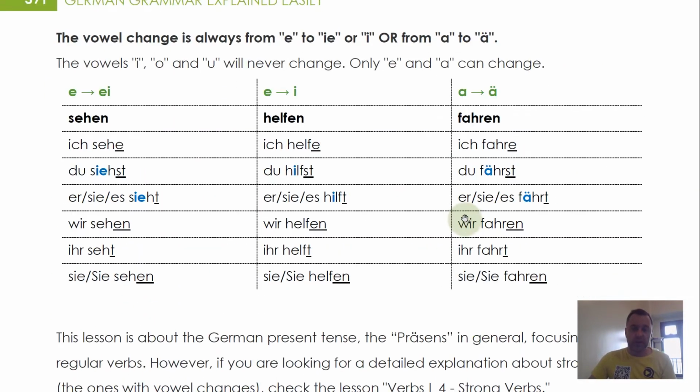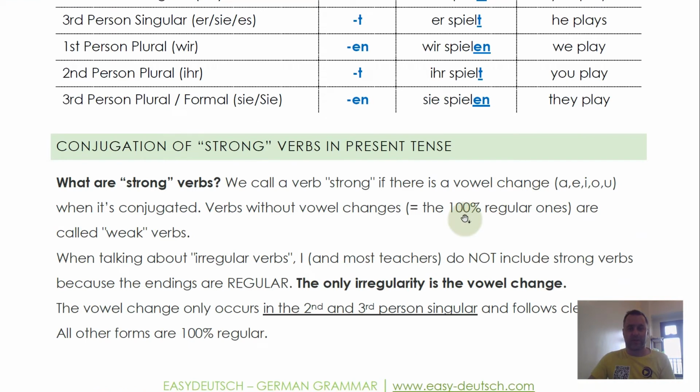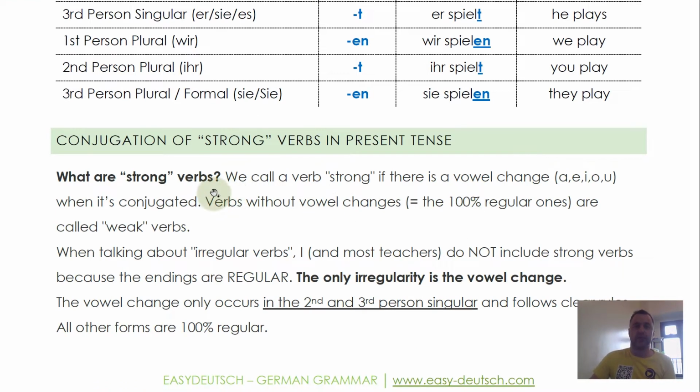But of course there are some irregular ones. And the irregular ones, well, we have 2 types. One type is called strong verbs and the other type is actually really irregular. They don't follow any rule. The strong verbs are verbs that have a vowel change.